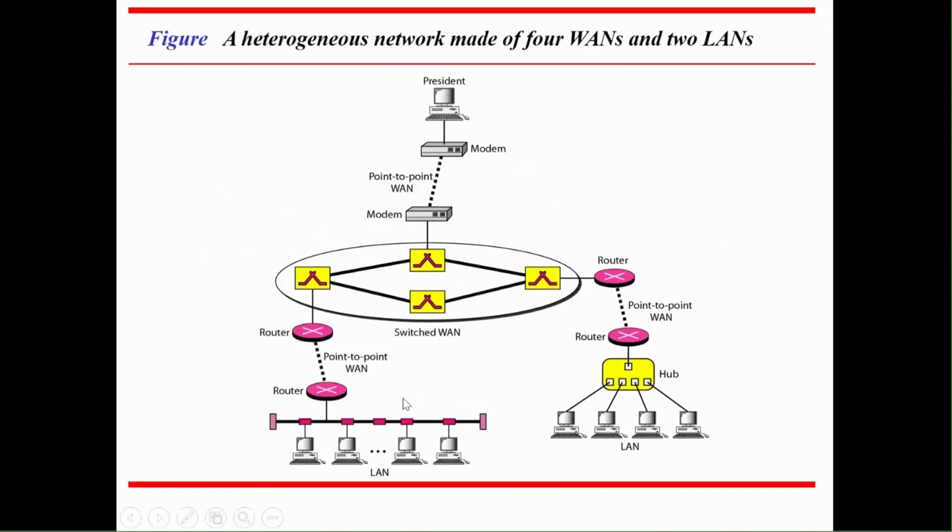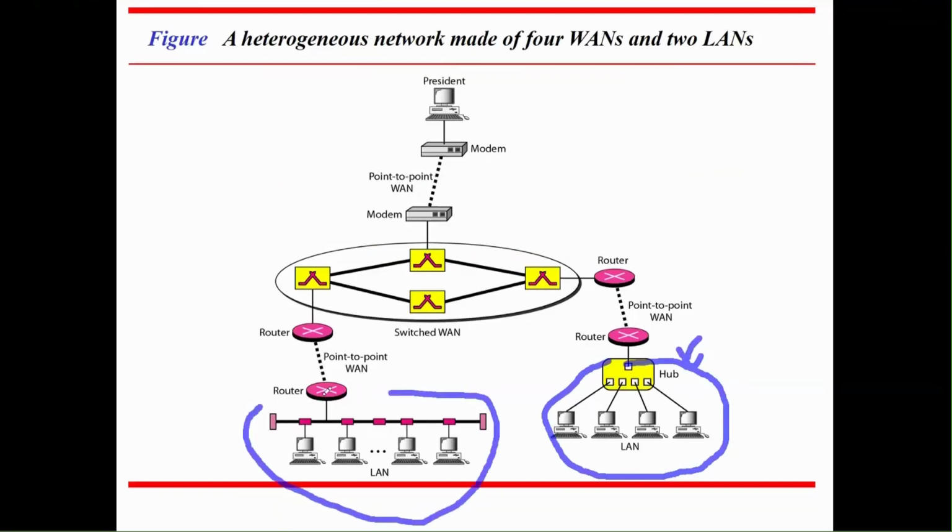So here we have 4 WANs and 2 LANs. Very cool. I like this. So here we have a heterogeneous network with 4 WANs and 2 LANs. You can see this is a local area network in a hub or a bus. So we have one in a bus. And here a hub or a star topology.